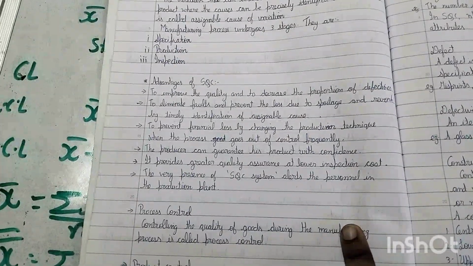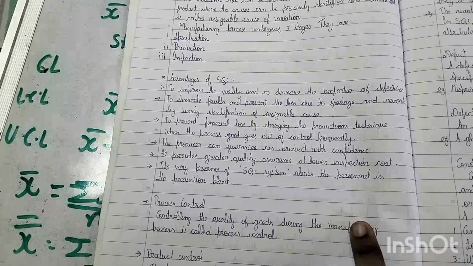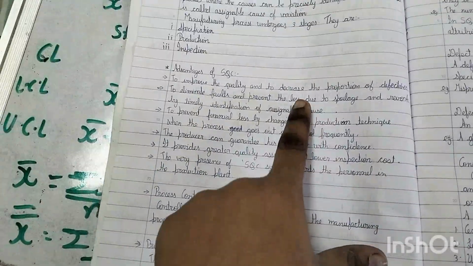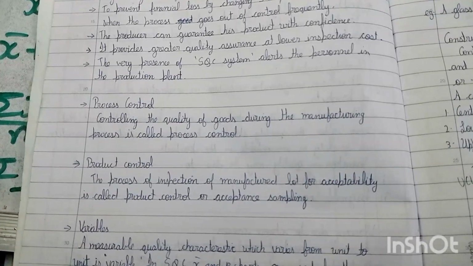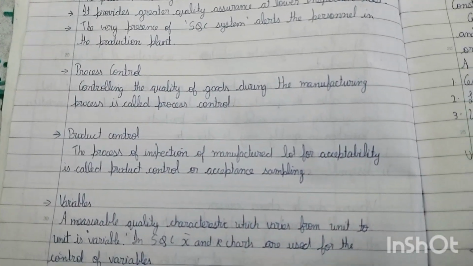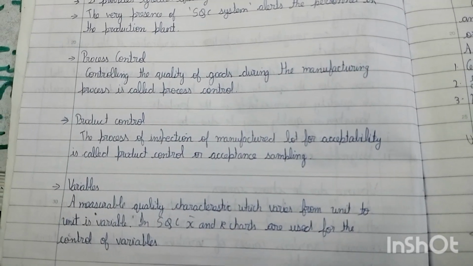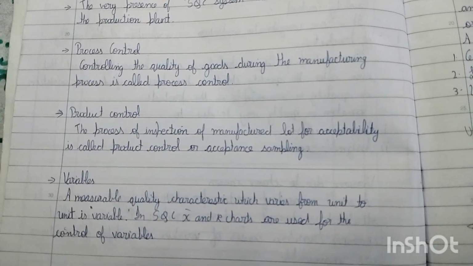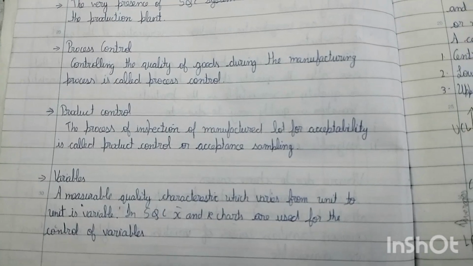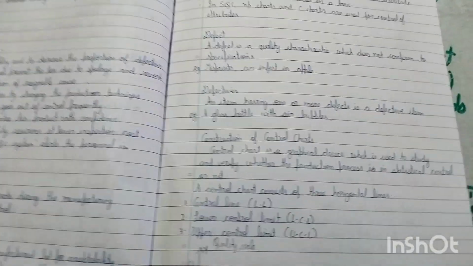So the advantages: the producer can guarantee the product with confidence, improve the quality, and decrease the production of defectives. Process control is controlling the quality of goods during the manufacturing process. Product control is the process of inspection of a manufactured lot for acceptability. Variable is a measurable quality characteristic which varies from unit to unit.